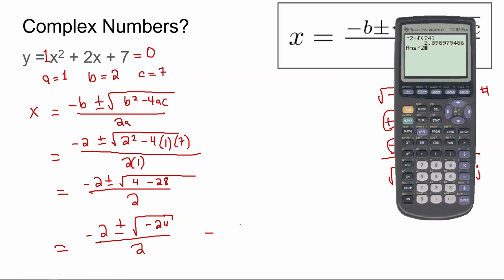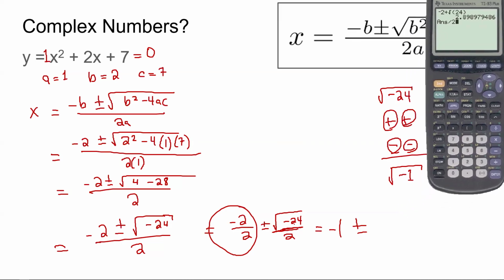Let's separate it into 2 fractions here. I got a negative 2 over 2, and I got plus or minus the square root of negative 24 over 2. This much right here is going to give me a negative 1 plus or minus. I didn't pick very good numbers here, but man, if that were 25, that'd be really nice.